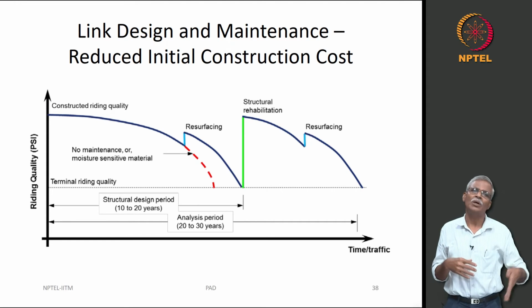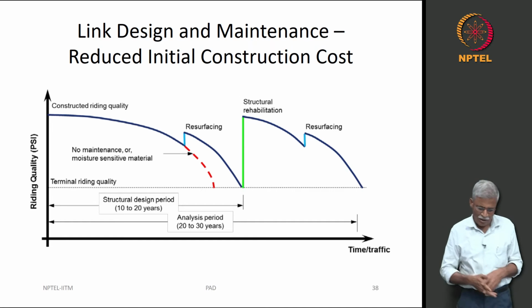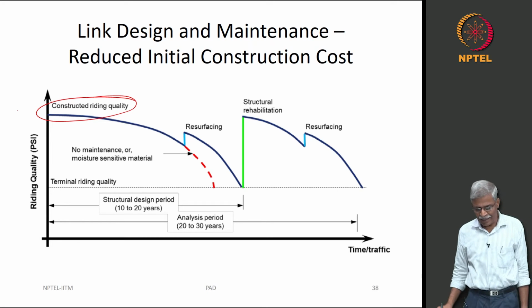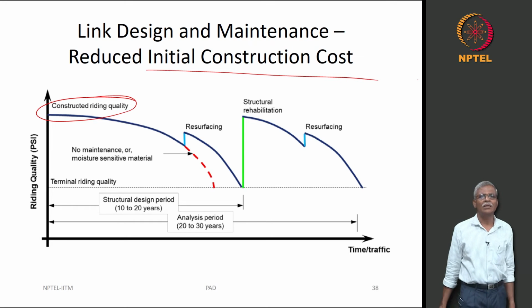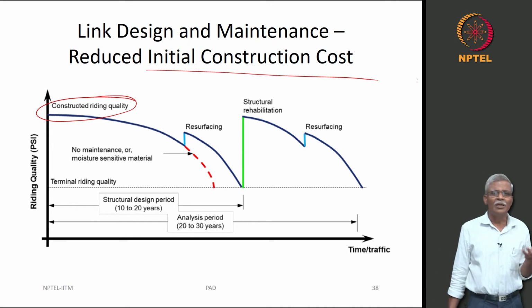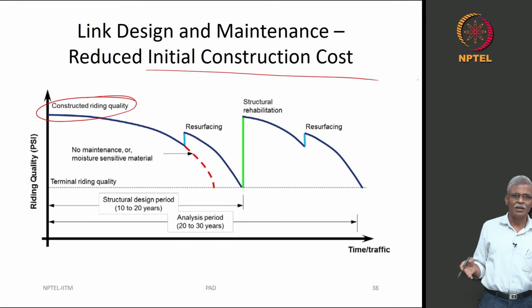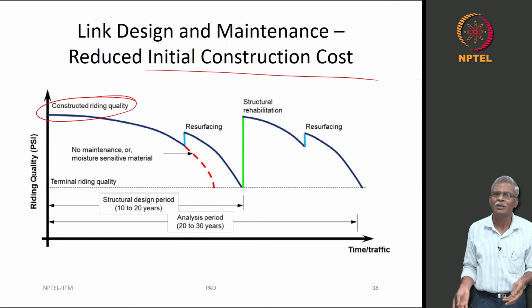See, for instance, on this y axis riding quality in terms of pavement serviceability index is given. So this is your constructed riding quality, and I am talking in terms of two cases here, what is really called the reduced initial construction cost. In fact, it always makes sense to do the construction for an initial period of 5 years or maybe 10 years, and then depending on the traffic growth and axle load growth, you can keep increasing the structural capacity of the material.